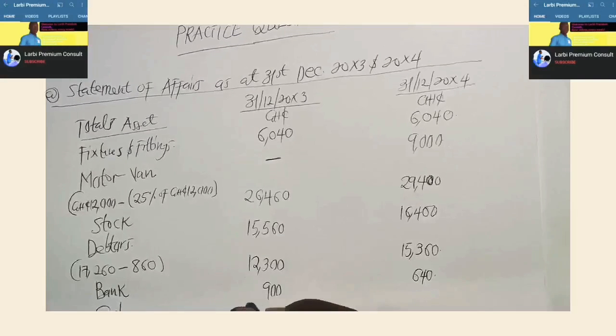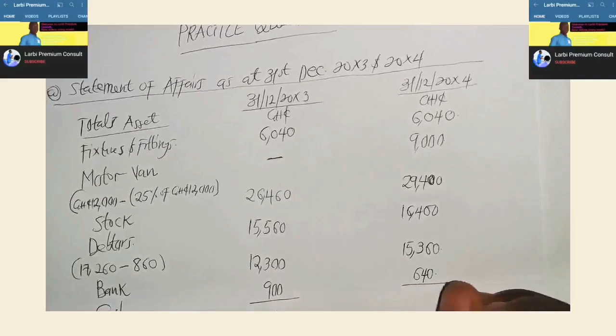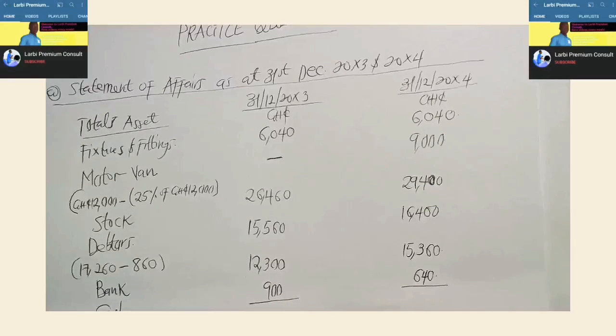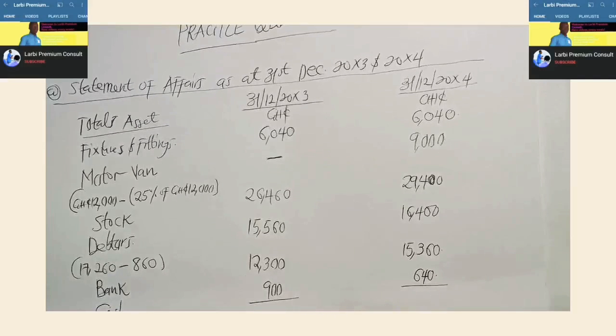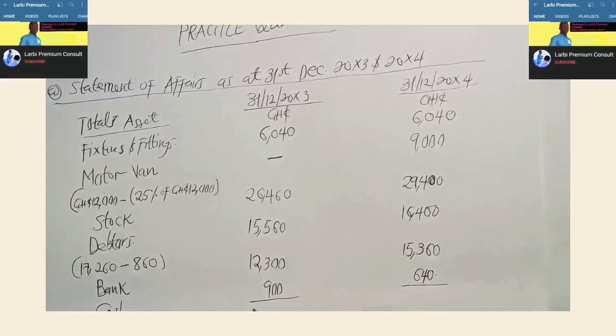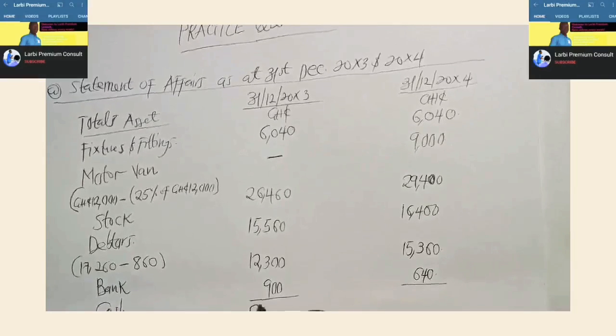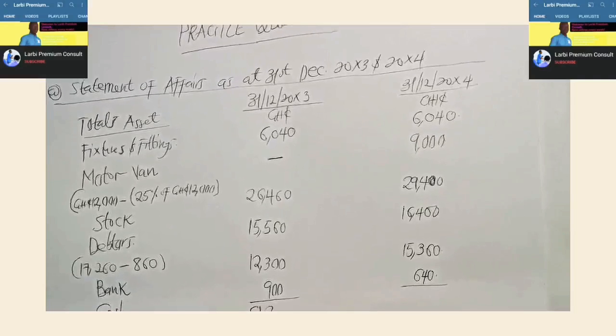So you add all the figures here, so I get to know our total assets as at the period. So 6,040, 26,460, 15,560, 12,300, then 900. When I computed for the total on my calculator, I had, let me check it well, 61,260.